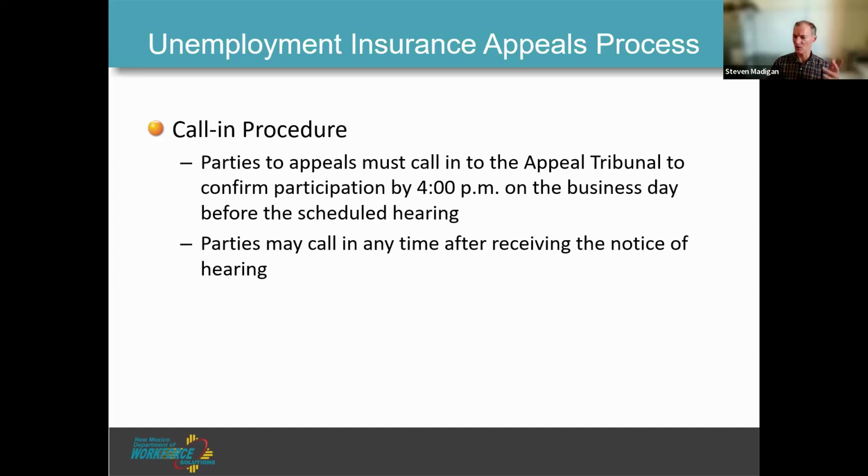It can be done immediately as soon as you get the notice, but no later than 4 p.m. If you don't confirm your participation by 4 p.m. on the prior day, then the hearing or the appeal will be dismissed. And as I just said, you can call in anytime after receiving the notice. It's not that you have to wait for the day prior.